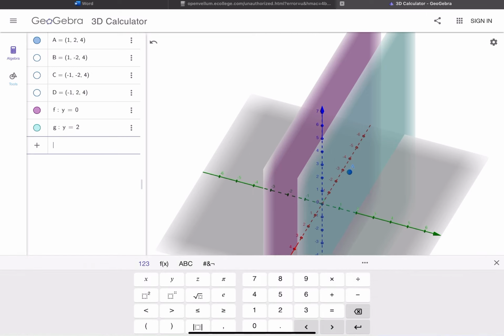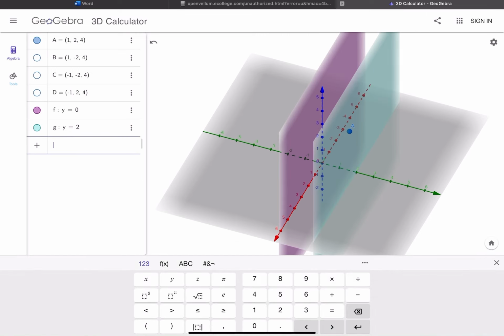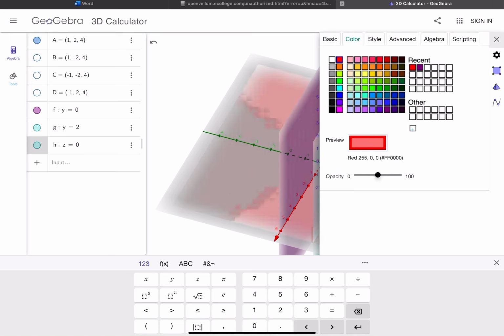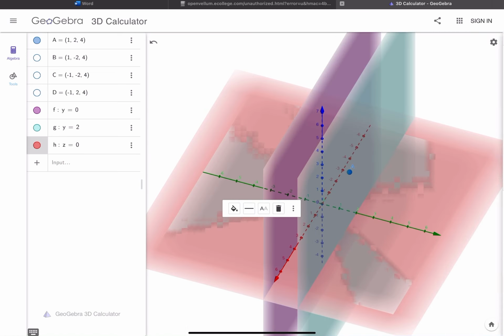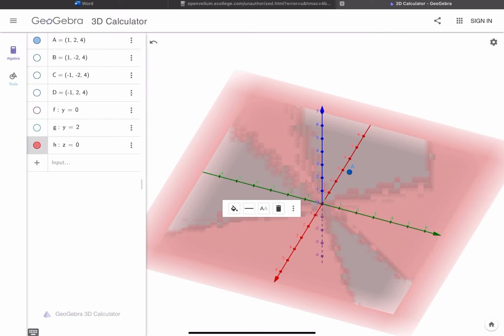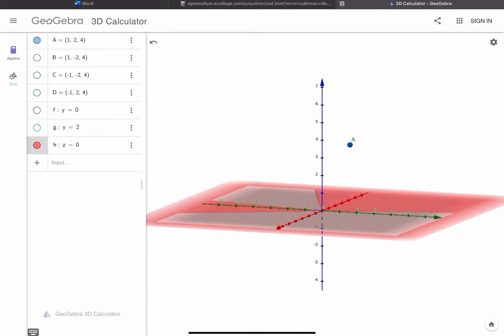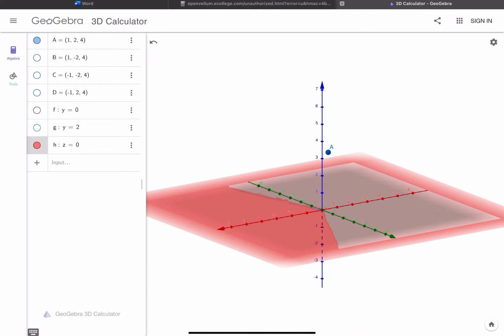So, if we're finding the plane that's parallel to the xy plane, that means z equals 0. Let's change this color to red, and we'll turn some of these off so stuff doesn't go crazy. Now our XY plane is here.